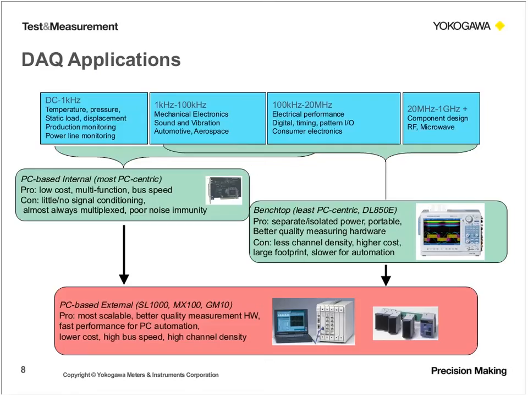But the trade-off there is that you're typically going to find that these systems are higher in cost as compared to your PC-based instruments. Typically, they'll have fewer channels, where you may be working with maybe 10 to a few hundred as opposed to a few thousand, for example. And lastly, you have a combination of these two, which is what I call a PC-based external data acquisition device.